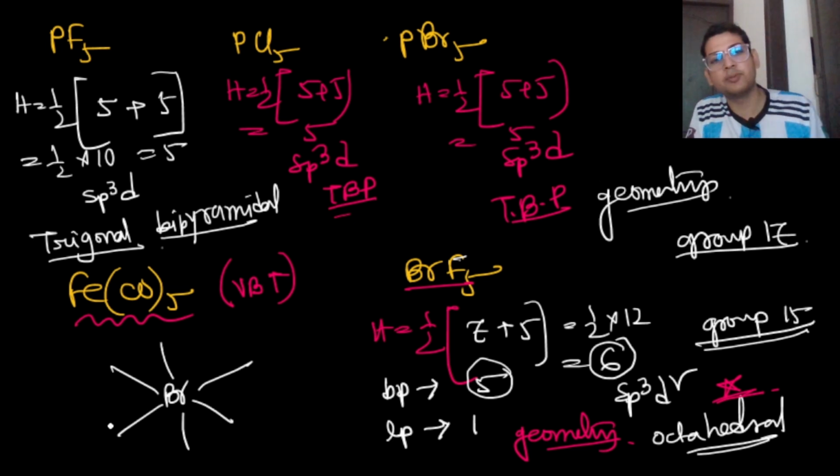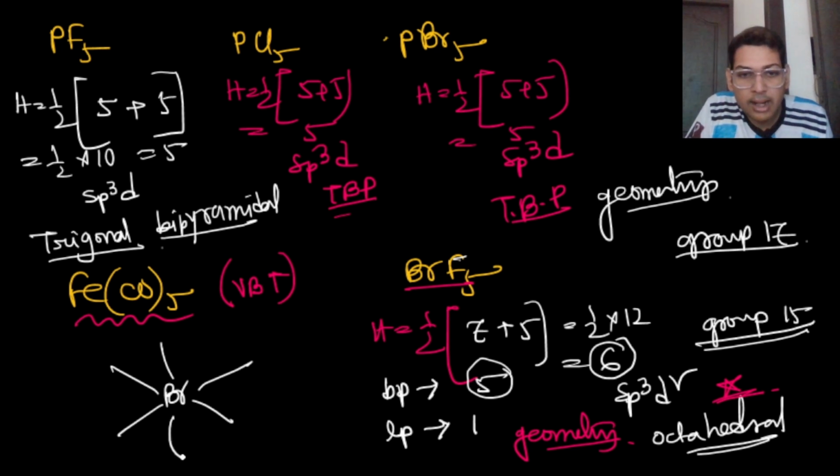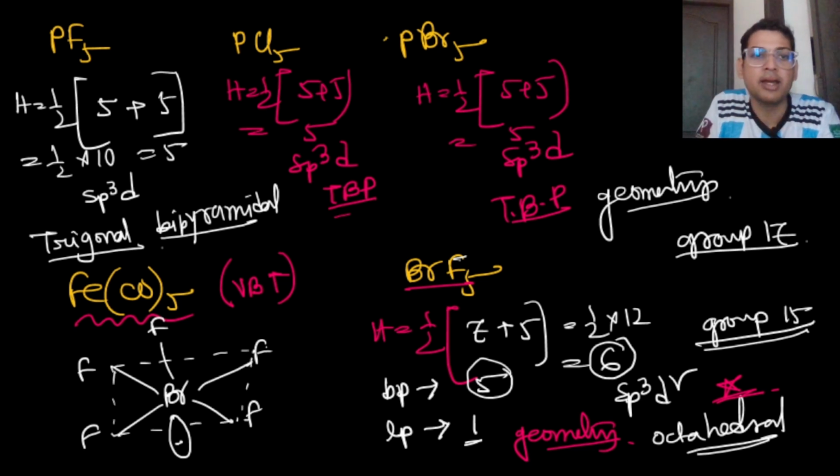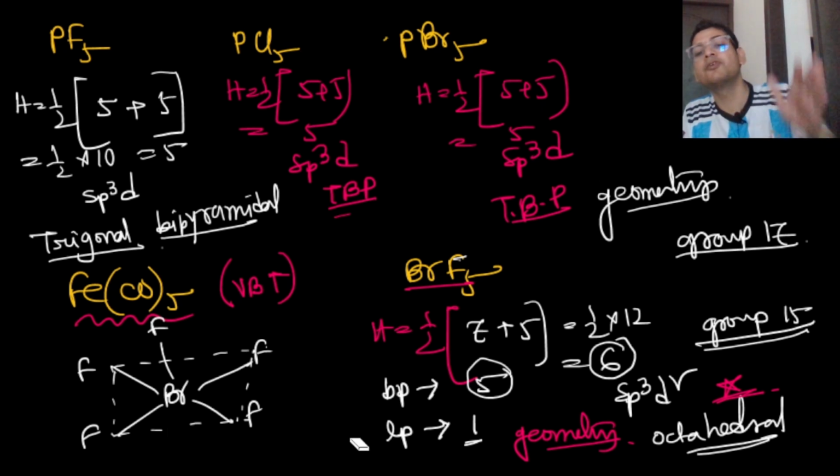Okay, sir, I understand. Now you try to do the octahedral shape. You see, octahedral shape looks like this, but what I will do, I will put a lone pair here. Sir, why? Because you are having a lone pair. Now put the F's like this, and always remember, in your shape lone pair is not counted. Lone pair is counted when you are doing geometry.